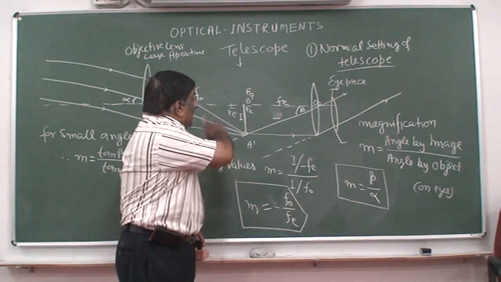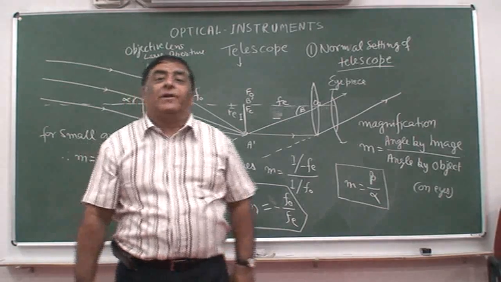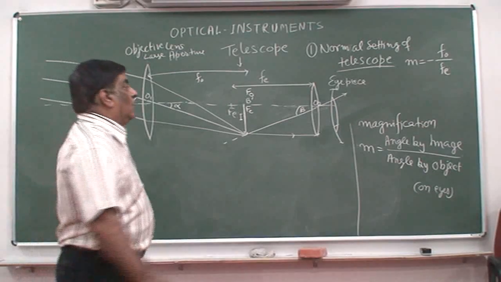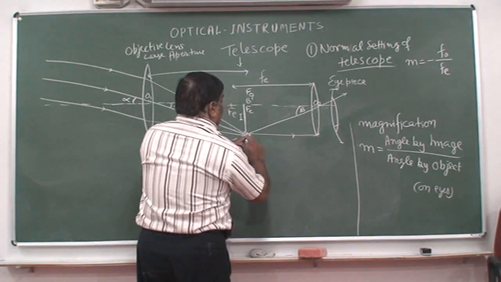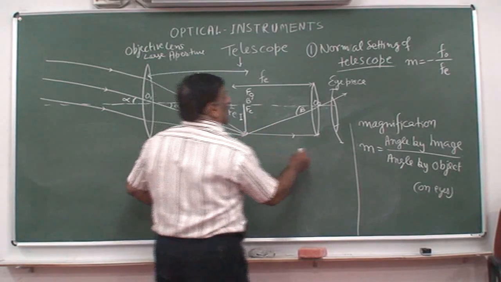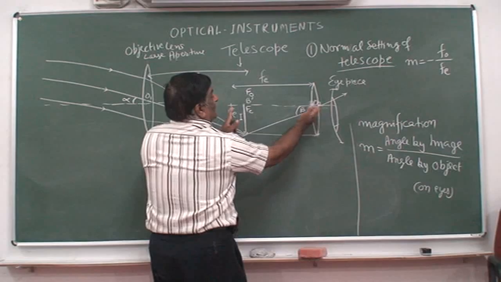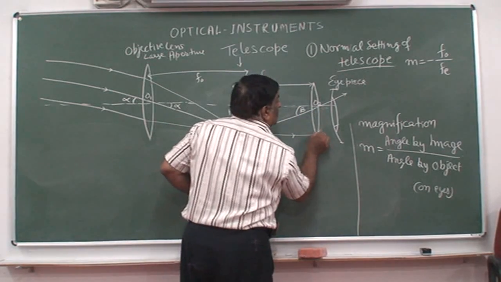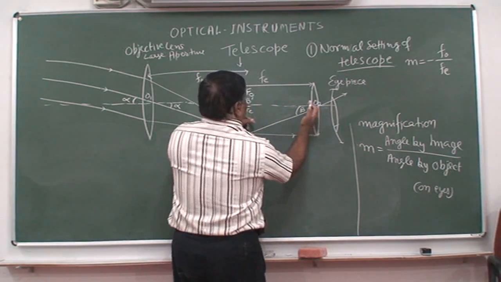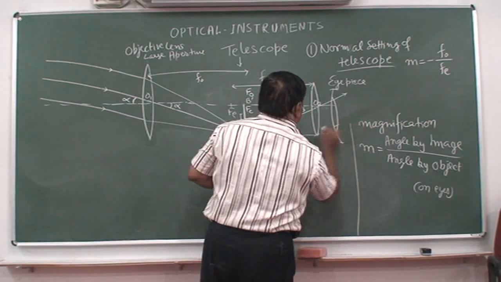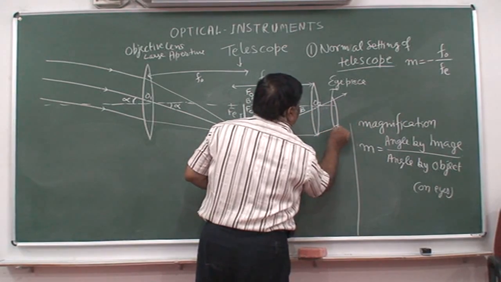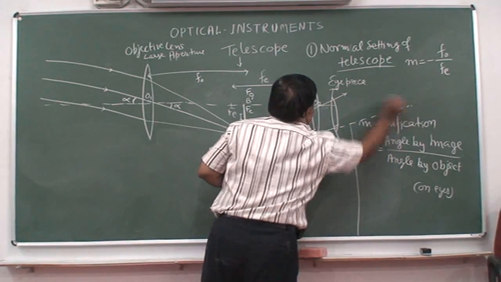And how will that diagram be, which you have already seen? Okay. Now the ray which is going parallel to the principal axis will pass through the focus, and now we have slid it this way. So this is small, this is large, and it will go in this direction.